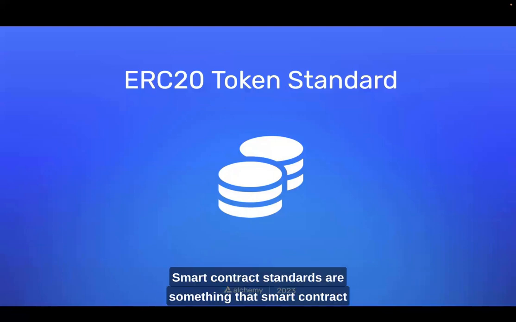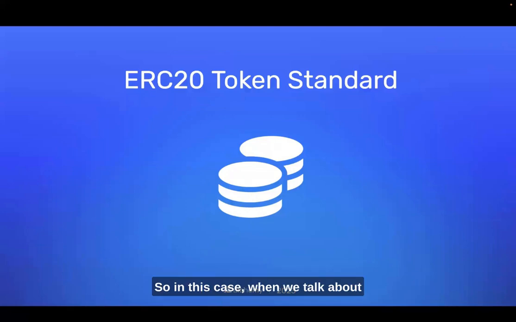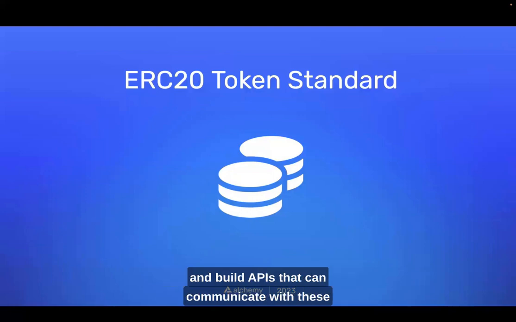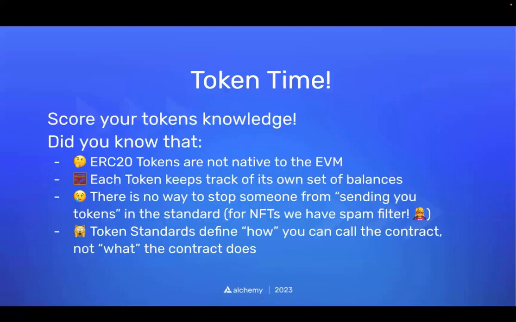Smart contract standards are something smart contract developers have agreed upon as a common way to interact with some sort of abstraction. In this case, the ERC20 token standard is a template that allows you to interact with the different ERC20 tokens on a blockchain. This is important because it gives us the ability to build protocols, tools, and APIs that can communicate with these ERC20s in a predictable way.